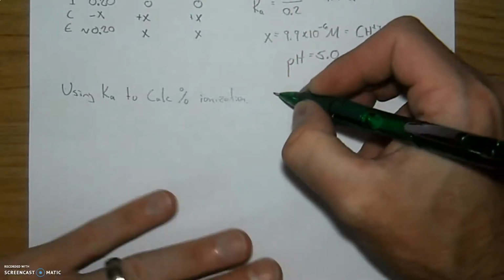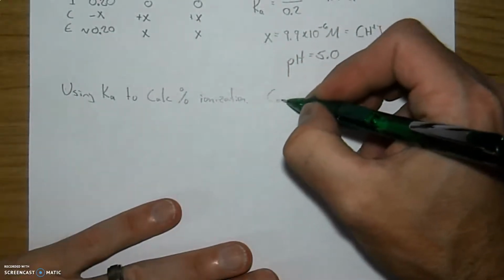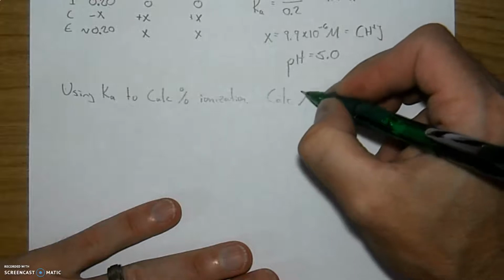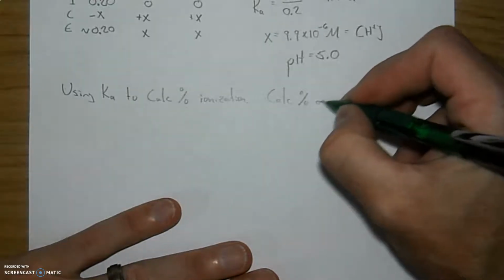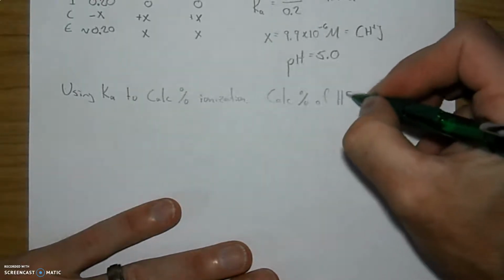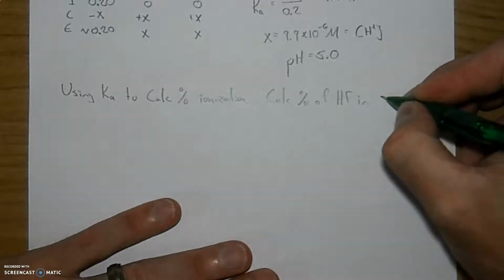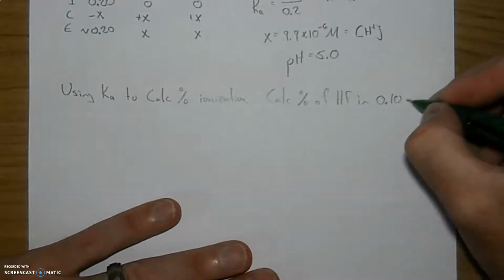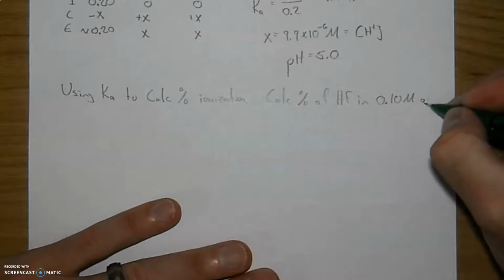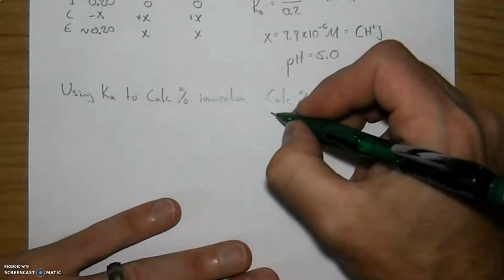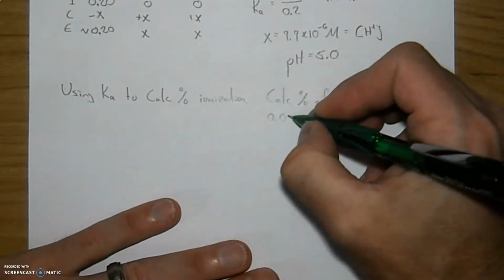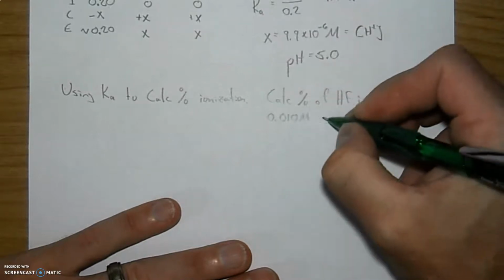Okay, so the specific problem states, calculate the percent ionization of hydrofluoric acid in a 0.1 molarity, and this is a separate problem, and a 0.010 molarity solution.